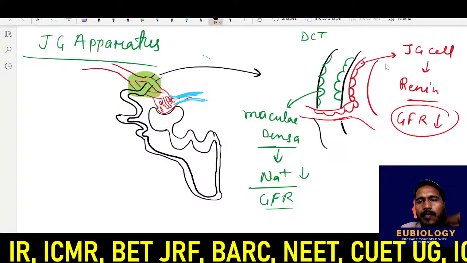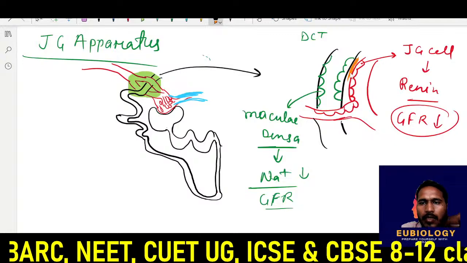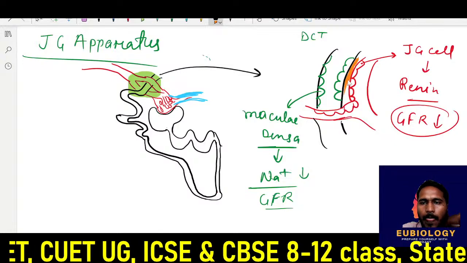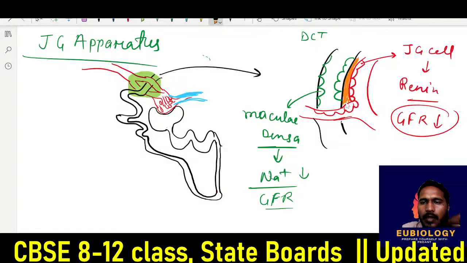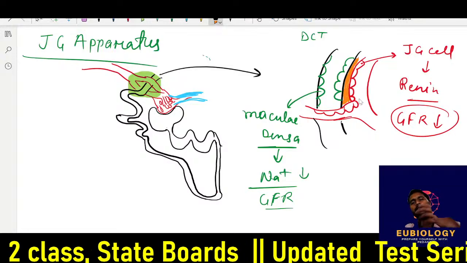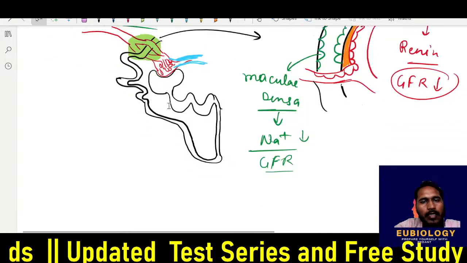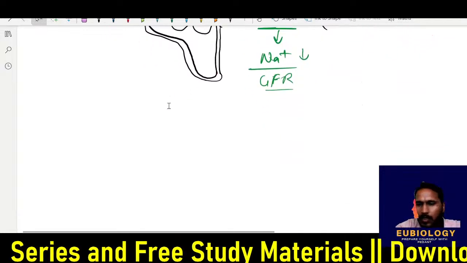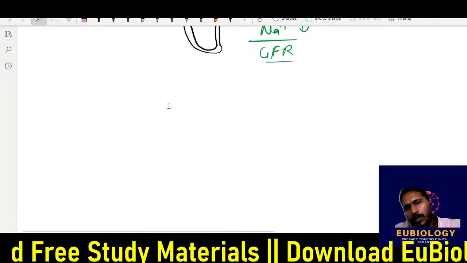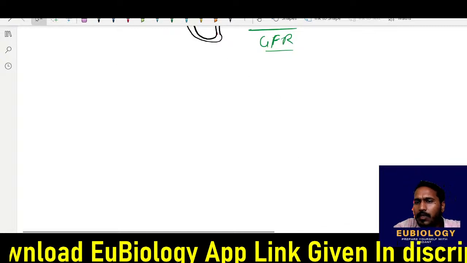These are the important things you have to understand. You understood the JG apparatus. After this, we will go to reabsorption and secretion. We'll see what GFR is, and we'll see how that secretion occurs.